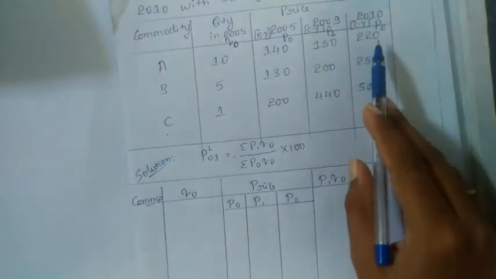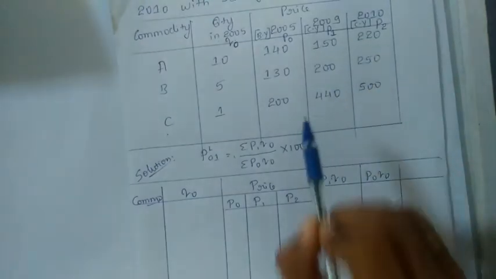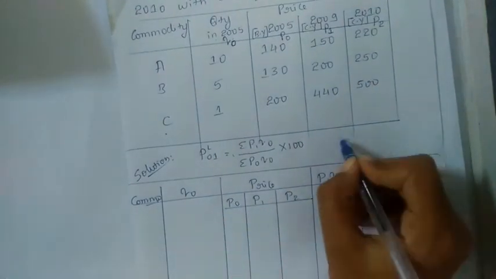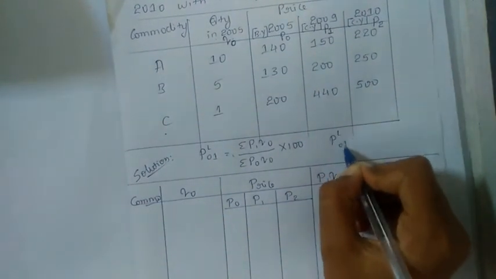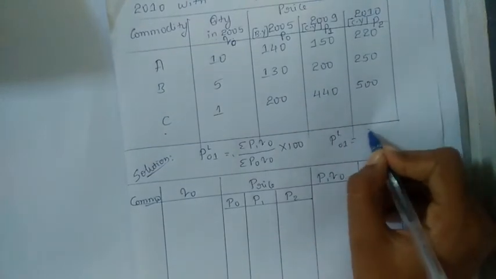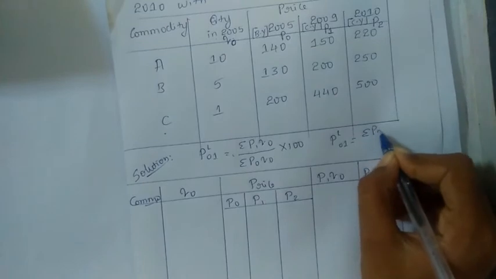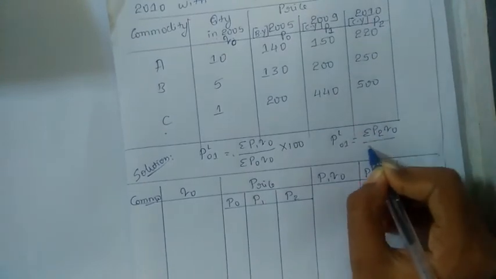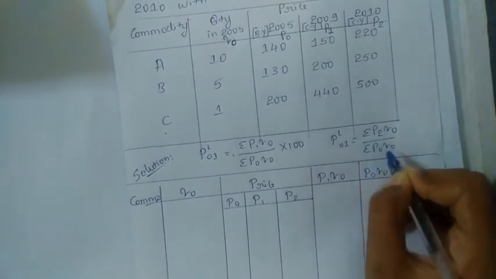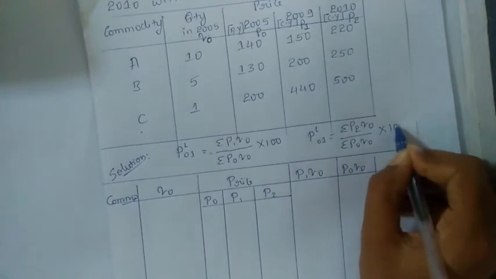So for this P2 you have to construct another Laspeyres formula, that is Laspeyres price index number, which is equal to summation P2 Q naught divided by summation P naught Q naught into 100.